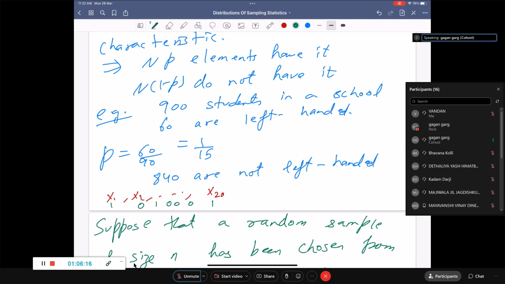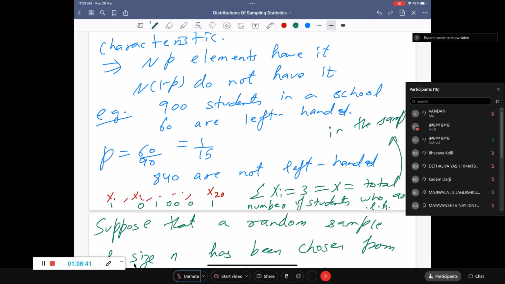So the sum of these xi is 3, which is equal to x, the total number of students who are left-handed in the sample.